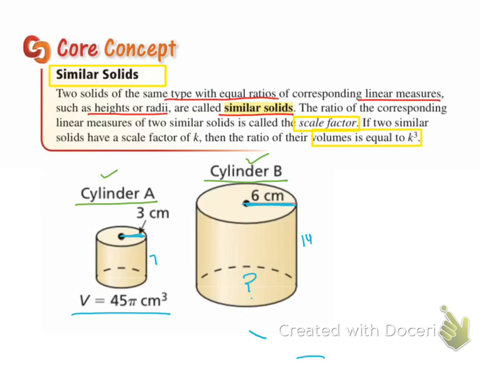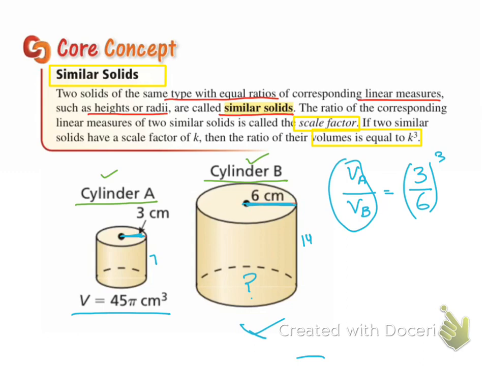So we can say volume of A over volume of B, and we have to get the scale factor. The linear measures are 3 and 6, and the scale factor gets cubed.